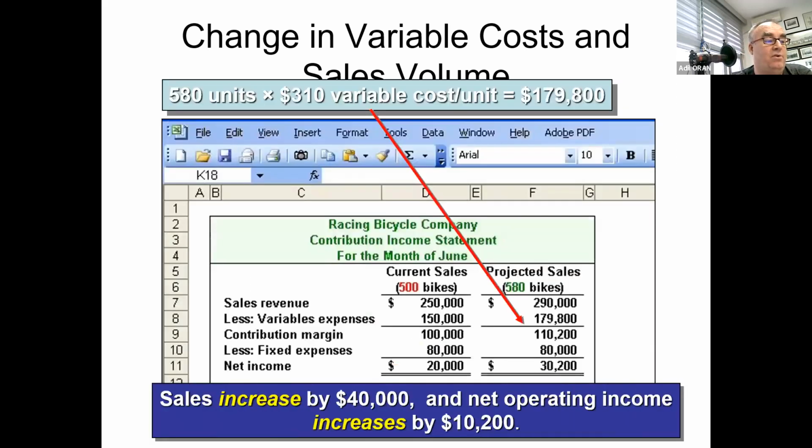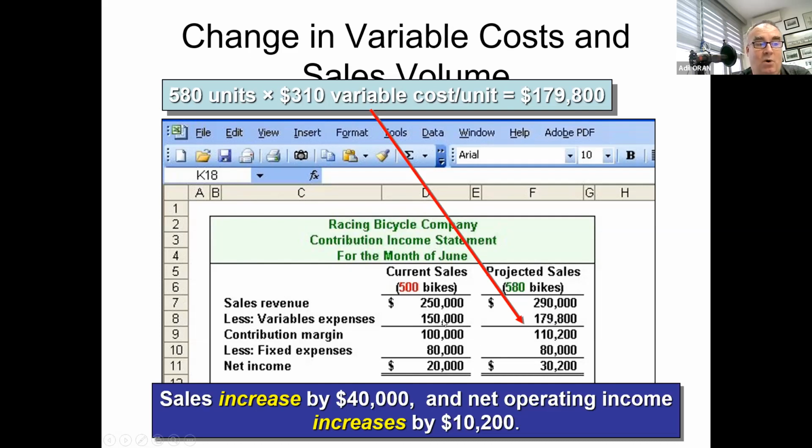Well, in order to do this analysis, notice that the number of bicycles goes from 500 to 580. So your sales revenue goes from 250,000 to 290,000. Variable expenses used to be 300 per bicycle, now becoming 310 per bicycle.